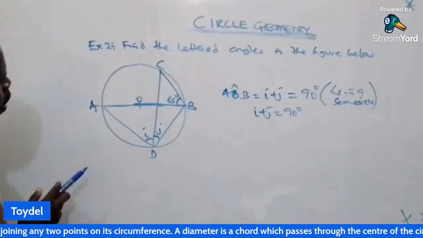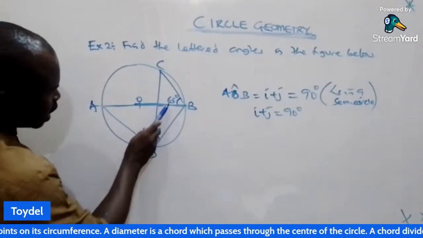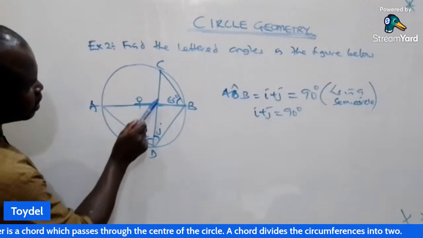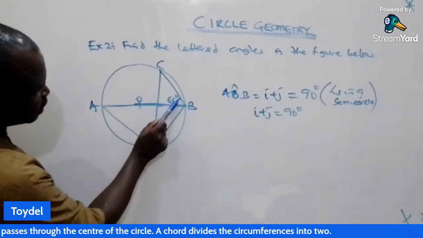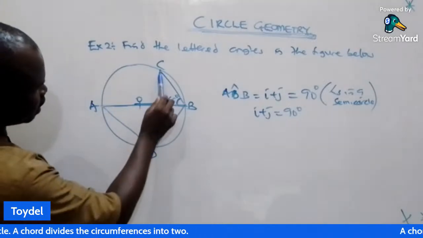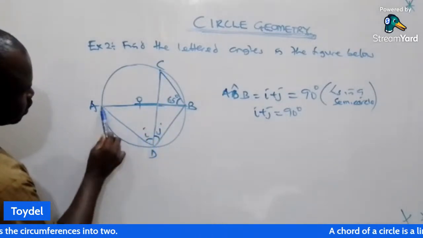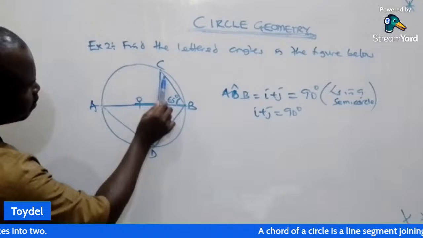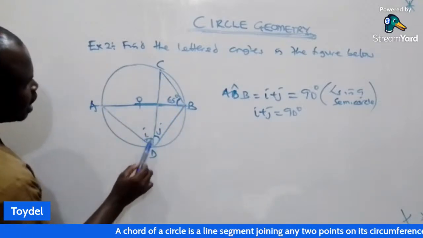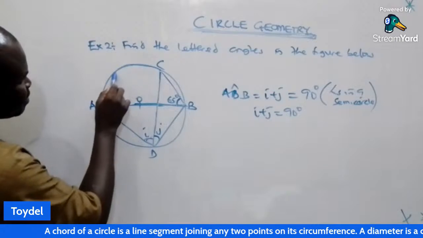Then what can you say about this angle I and angle 65? Look at this angle 65 here. This angle I is from here back to this point. This angle 65 is from here back to this point. This angle 65 and I are subtended by the same arc here.